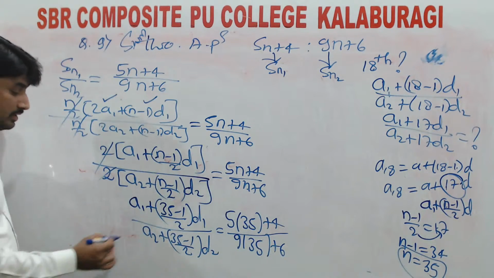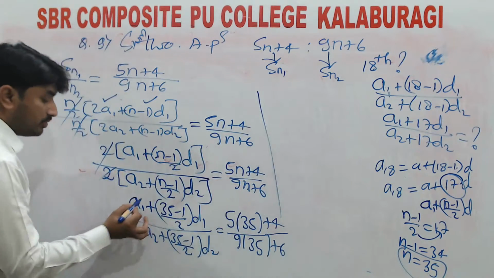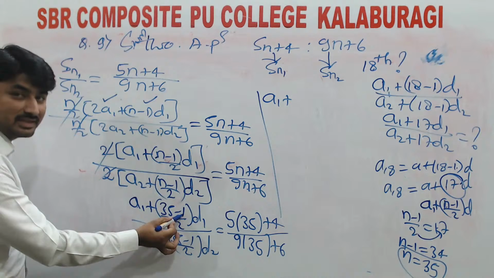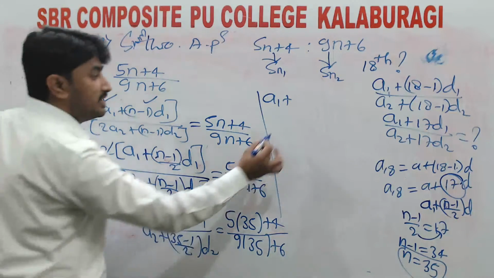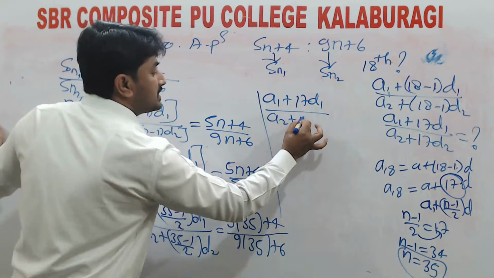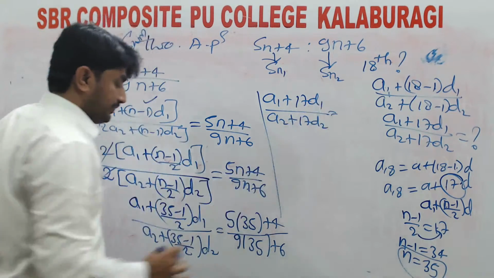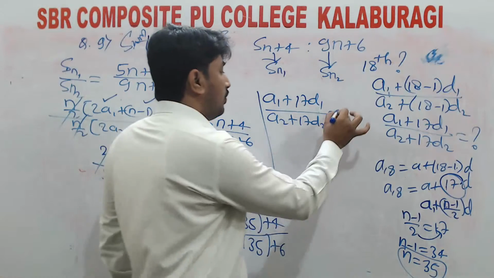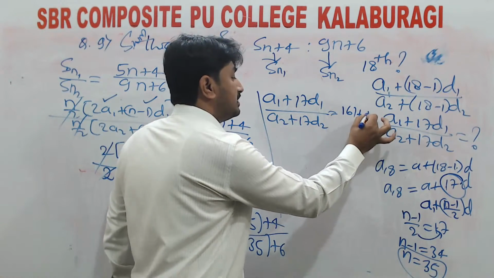It means I am writing here A1 as it is plus (35 minus 1) is 34, 34 divided by 2 is 17. 17 D1 divided by A2 plus 17 D2 is equal to 35 into 5.